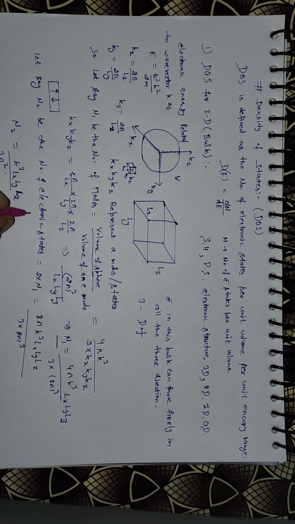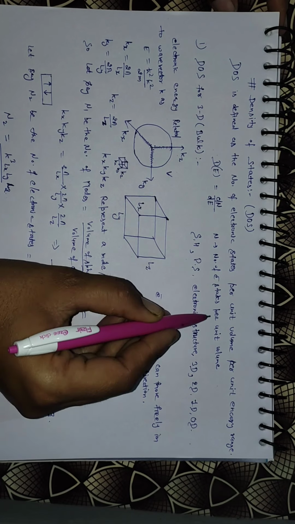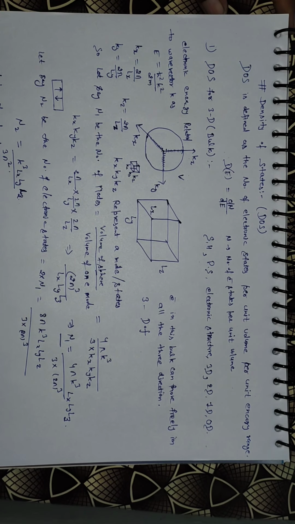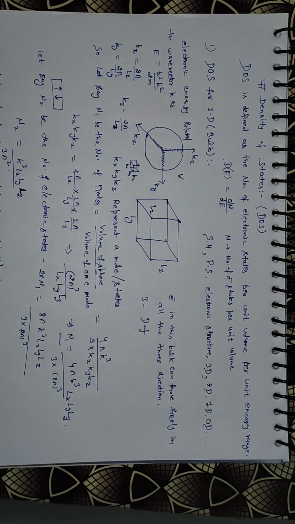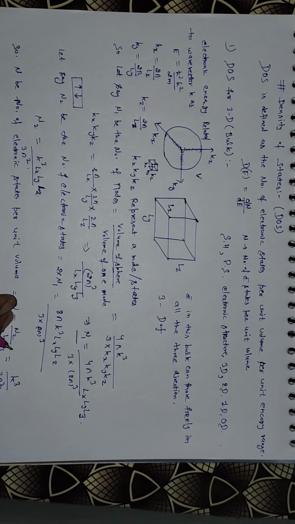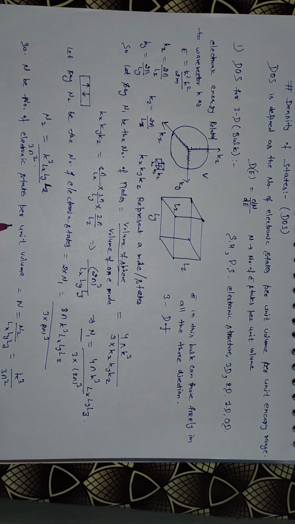So this is the total number of electronic states, and we have to find the number of electronic states per unit volume, so we divide n2 by the volume. Let n be the number of electronic states per unit volume of the specimen, that is the volume of this bulk material. n is n2 over Lx, Ly and Lz.